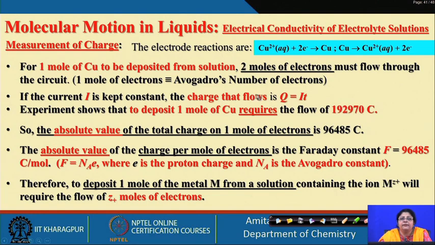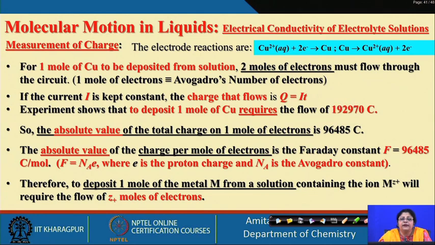And from the electrode reactions, we know that 1 mole of copper to be deposited requires 2 moles of electrons to flow through. So, this amount of charge required to flow for deposition of 1 mole should be equivalent to 2 moles of electrons.